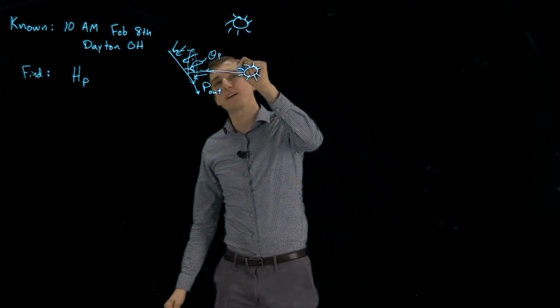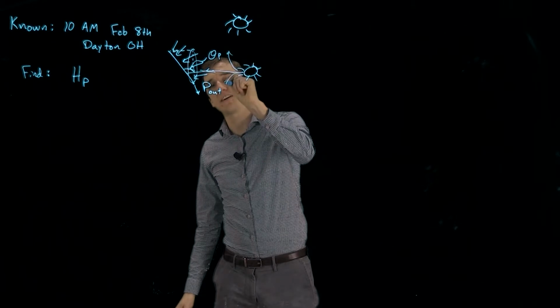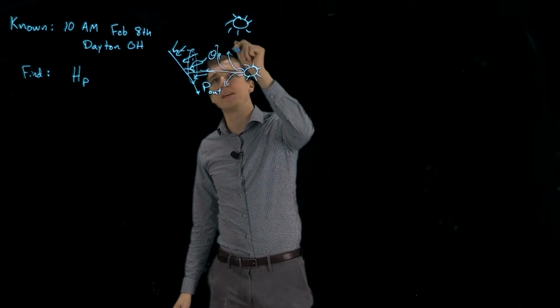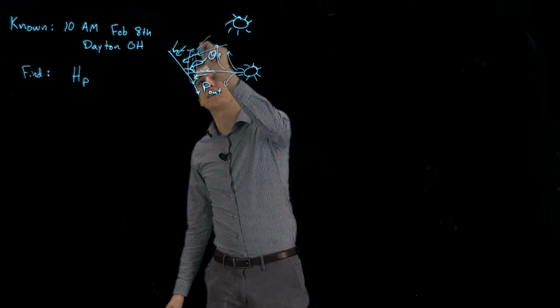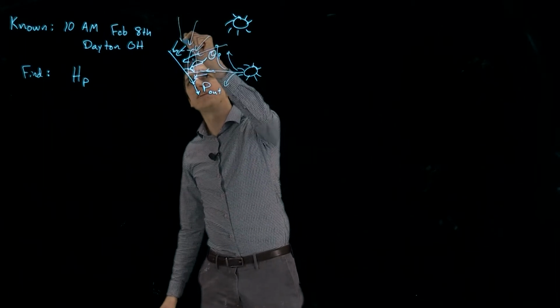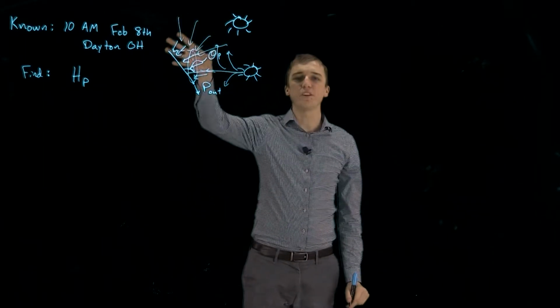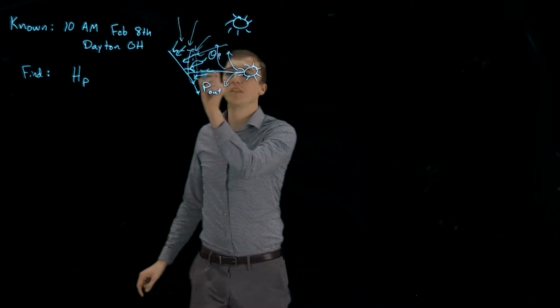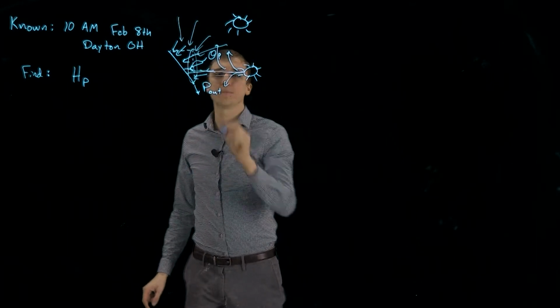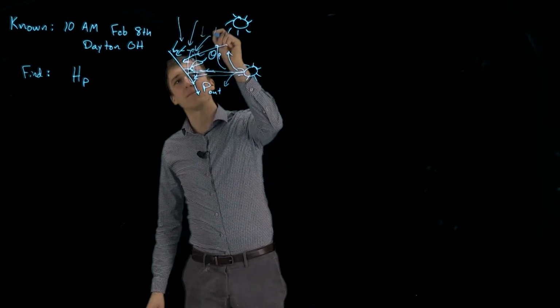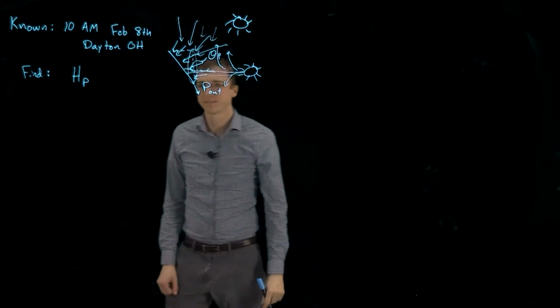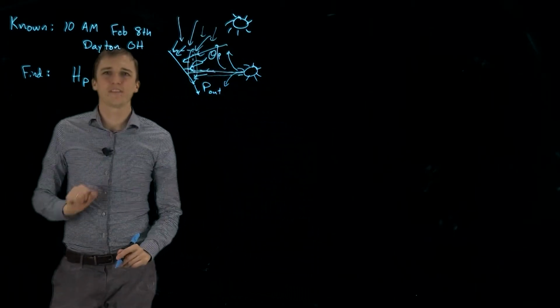We also will need to account for the sunlight that is scattered away from the beam and then re-reflected back onto the panel from all directions, or the diffuse component. So we have the beam that hits it directly from the sun and the diffuse that comes from all angles. Okay, so again, we're trying to find HP.